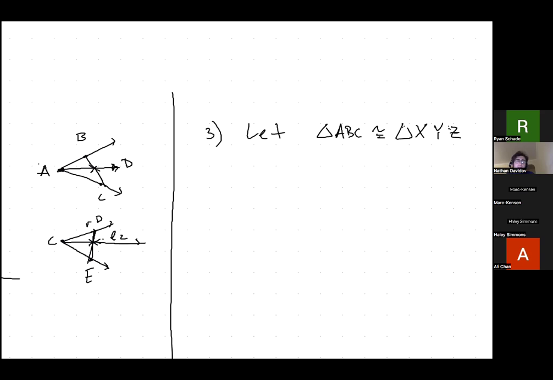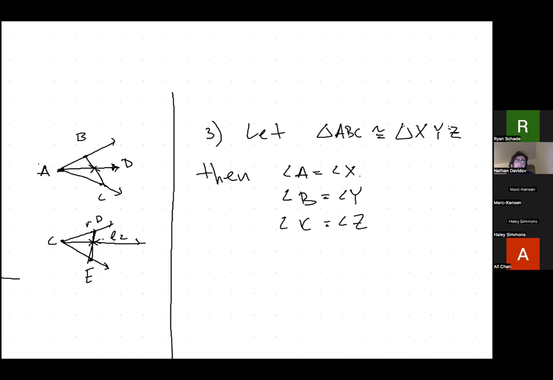Then angle A equals angle X, angle B equals angle Y, and angle C is equal to angle Z. I can just say that they're all congruent.